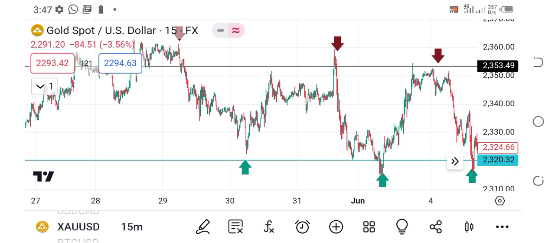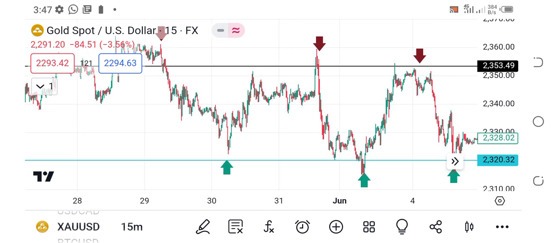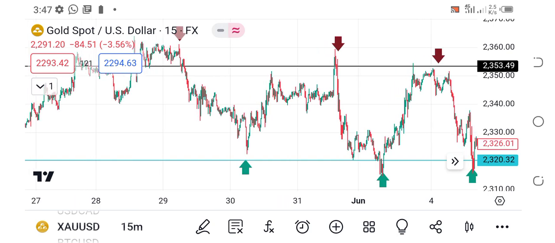Whenever price gets to the support level, the price tends to reverse back from that point. When I say price, I mean the movement of the candlestick, this red and blue stroke we are seeing. The movement of the candlestick is what I refer to as price.